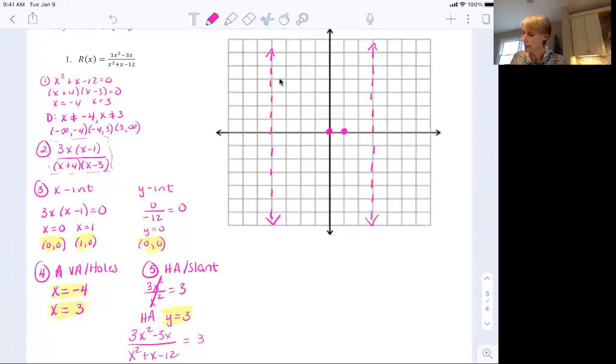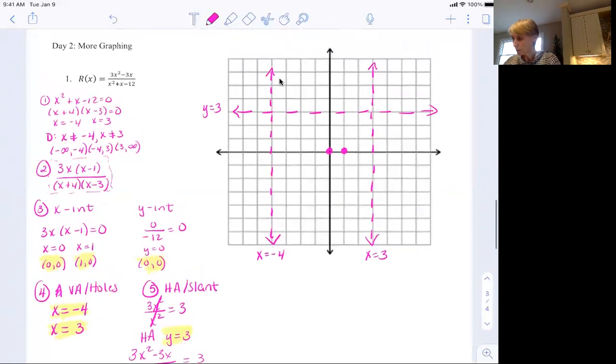I have a horizontal asymptote when y equals 3. And we just found that our graph can cross over this. X equals -4, x equals 3, y equals 3. And I'm going to count 1, 2, 3, 4, 5, 6. So my graph's going to cross over there. I'm just going to extend my line, my asymptote, just to show you.